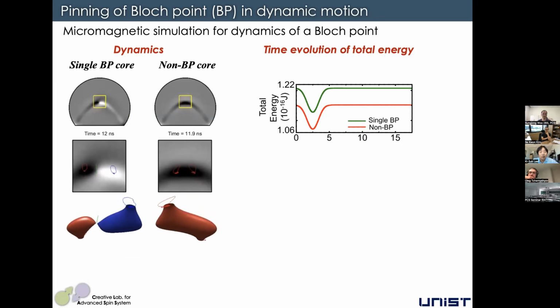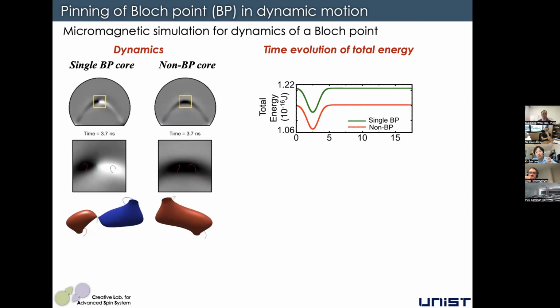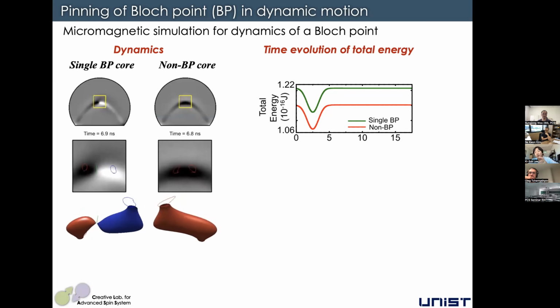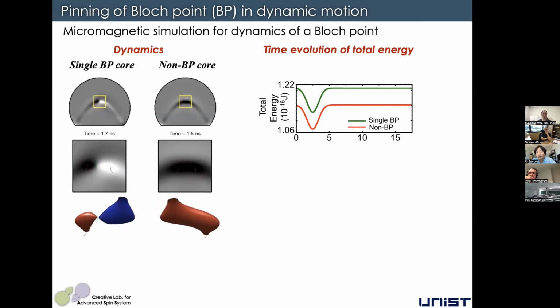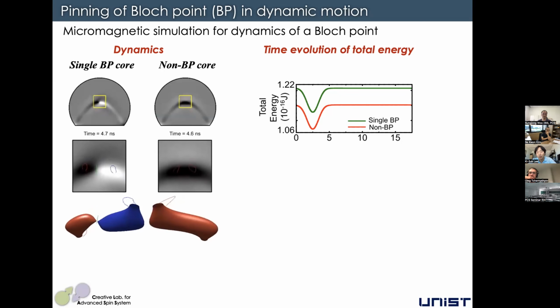Yes, but if we apply very strong field and very rapid motion of the Bloch point, it might generate a very strong spin wave, and there are some reports of a terahertz scale spin wave or electromagnetic wave. So the interesting thing is that it would be a parametric creation of spin waves. Yes.